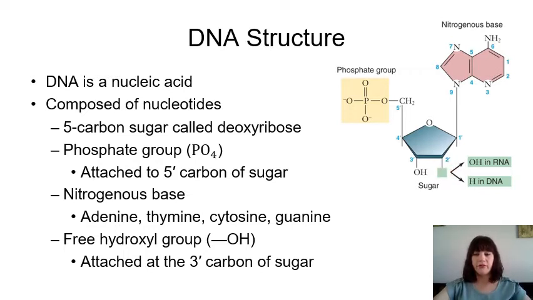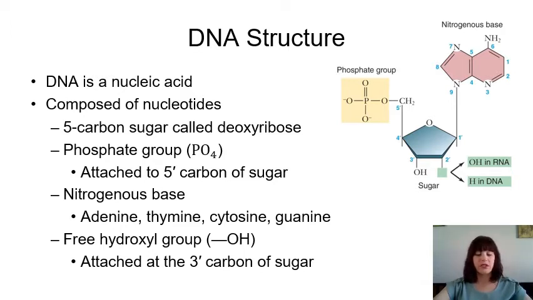If it does not have this hydroxyl group, it's called deoxy, deoxyribonucleic acid. In ribonucleic acid, or RNA, it's going to have a hydroxyl, an OH group, attached to the sugar, the ribose. And if it is DNA, deoxyribonucleic acid, it's going to be missing the hydroxyl group at that position.